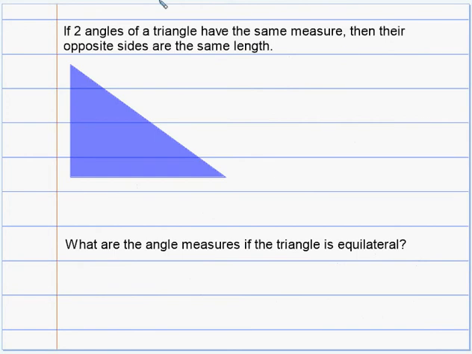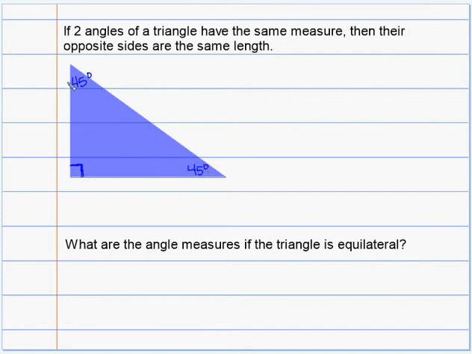Okay, here's another triangle. If two angles of a triangle have the same measure, then their opposite sides are the same length. Okay, so here we have a triangle. This is 90 degrees, and this is 45 degrees, and so is this.